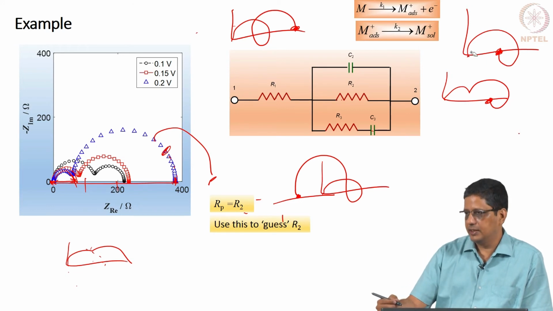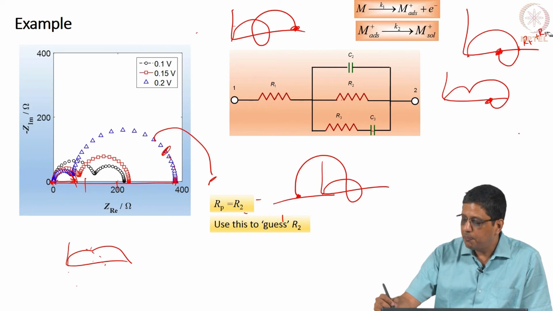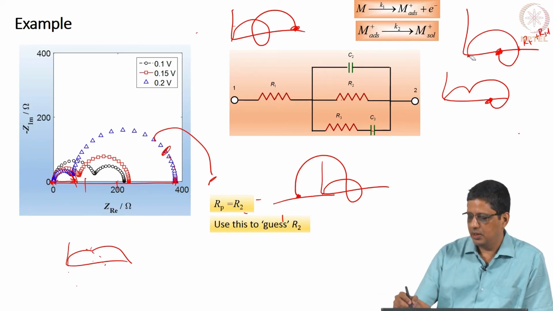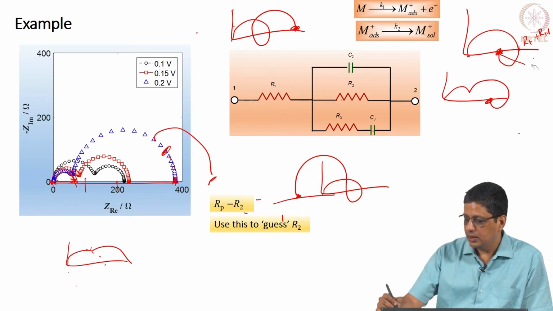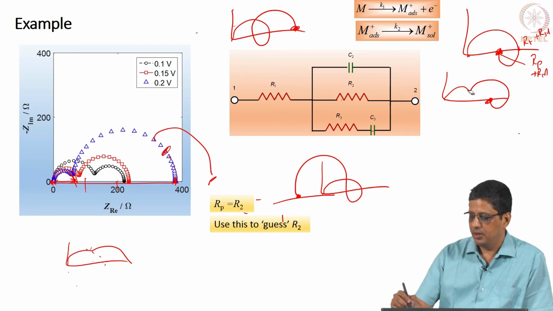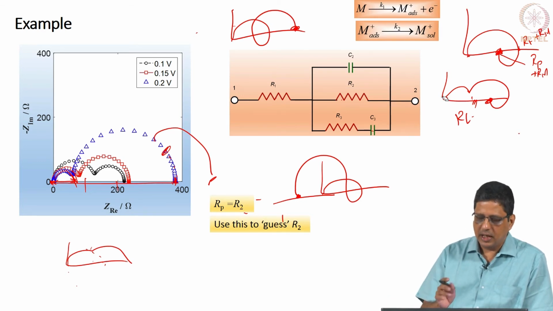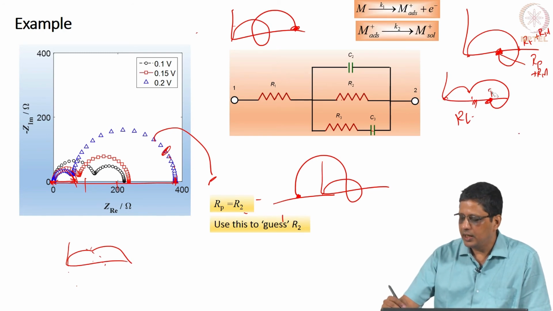This is solution resistance. This point is RT plus R solution, and if this is 0, we will just call it RT. This is Rp plus R solution. This is RT, assuming solution resistance is 0. I will assume solution resistance is 0 and I will say this is Rp.